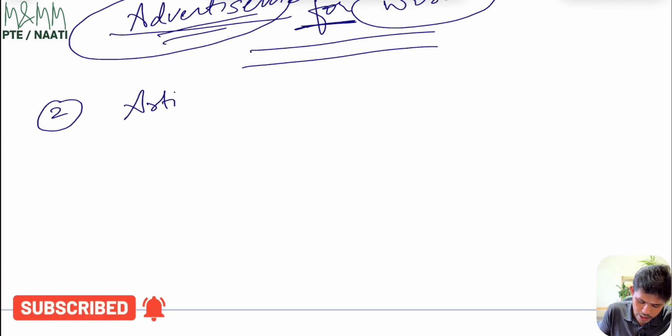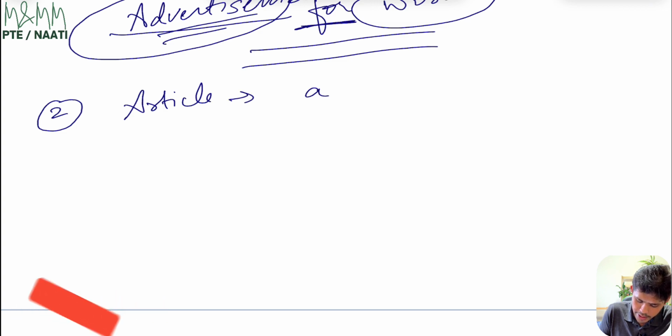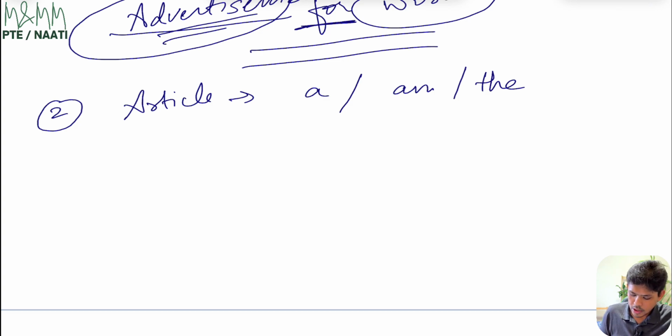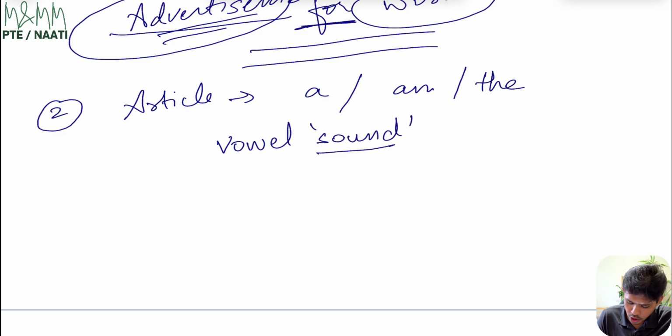Now we have 3 articles: a, an, and the. The easiest way to know which article has to be used is to understand vowel sound. It has to be sound, not just the vowel letter.